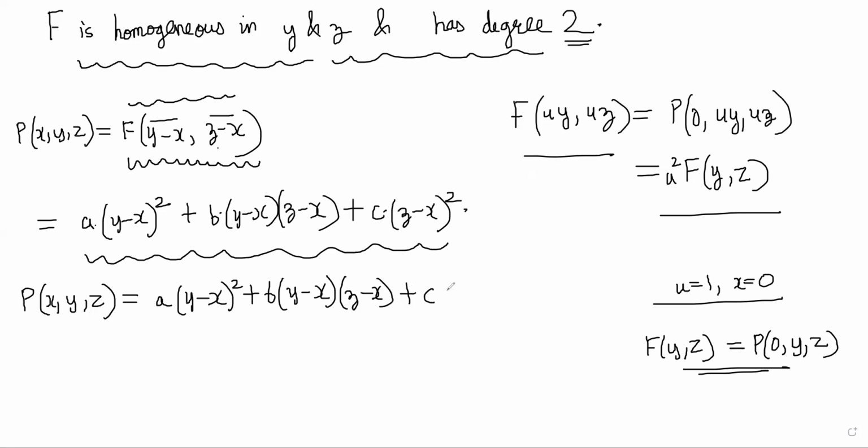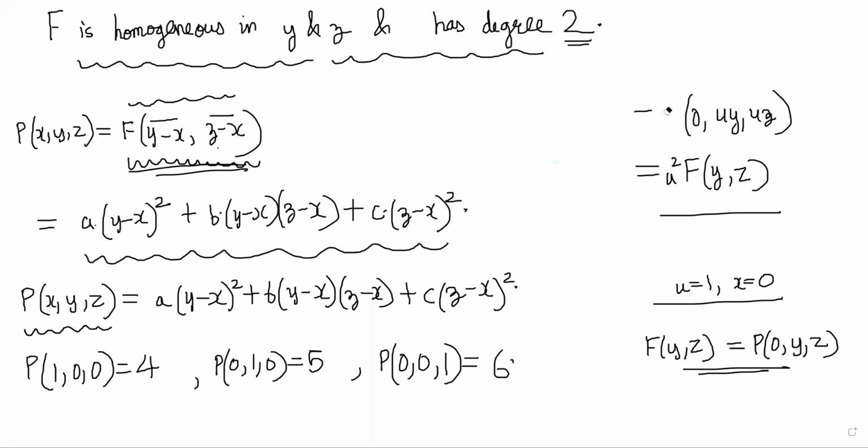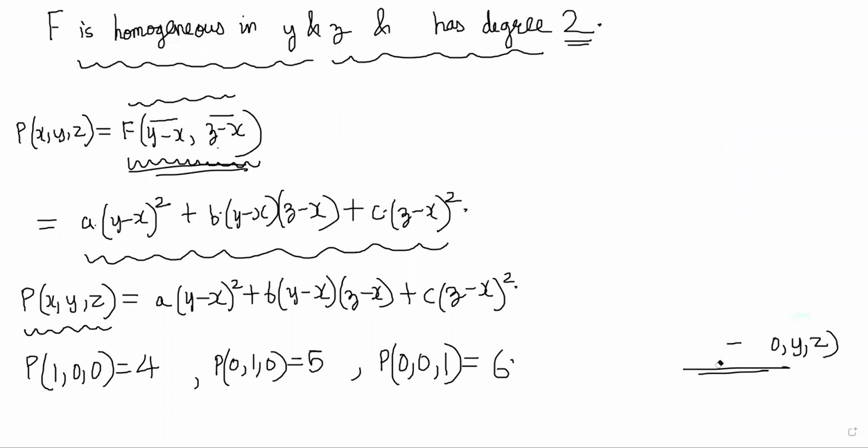We have gotten this tentative expression because we know that this is a 2-degree homogeneous polynomial, so we are just writing that as f, right? a, b, c are unknown, and now the question has given you some data: p(1, 0, 0) is 4, p(0, 1, 0) is 5, and p(0, 0, 1) is 6, right? If I use this data in the problem, I will be able to find a, b, c. So I will just try and use that data here.